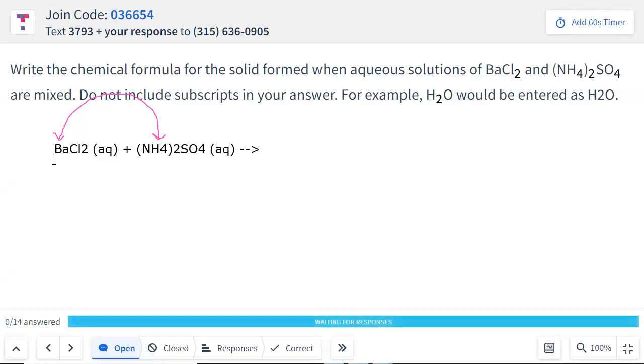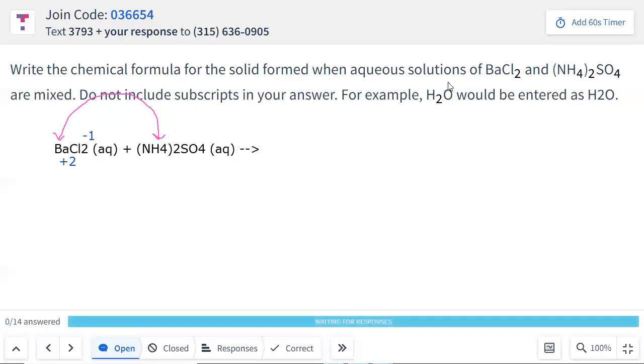So from the periodic table, we know that the charge on barium is +2. We know that the charge on the chloride is -1. If we did not know from our polyatomic ions that the sulfate is -2 and that the ammonium is +1, there is a trick that we can use.